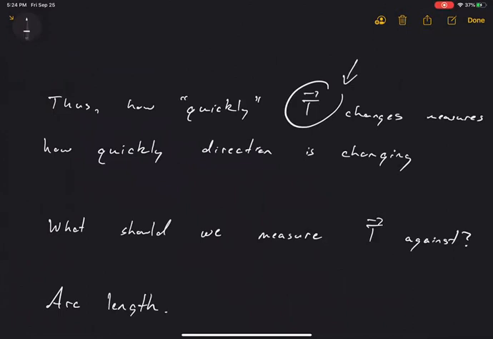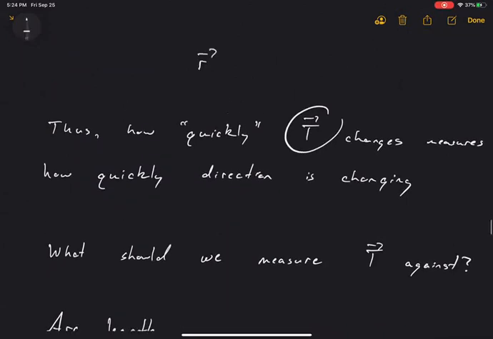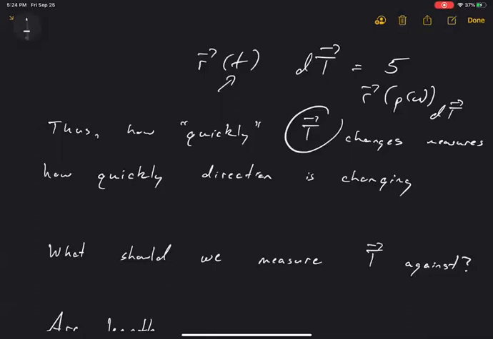So the question is, what do we measure it against? Now, it depends on what the parameter is, right? If we're using one parameter, maybe this change in the unit tangent vector is, whatever, call it 5. And maybe if we use some other parameter, then maybe this will be 47.